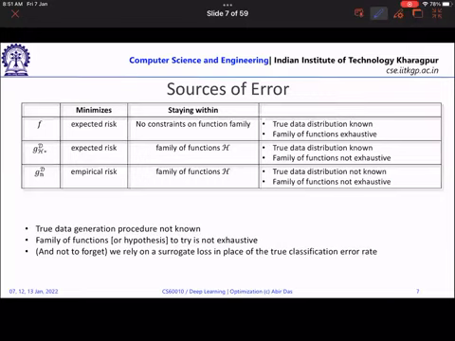So this is the source of error. Okay, these are the sources of error. There are two assumptions that are limiting us. One is whether the true data distribution is known or not, and whether the family of functions is exhaustive or not. What F does, rather, is minimize the expected risk.